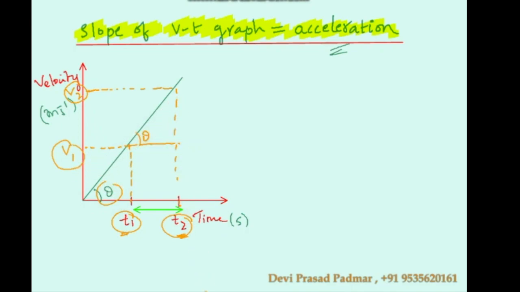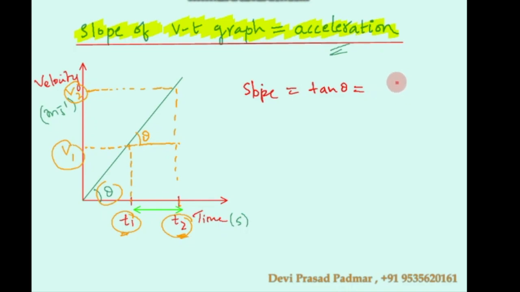Now if you want to get the slope, please remember, slope is equal to tan theta. Always, slope is nothing but tan theta. Tan theta means opposite side divided by adjacent side, correct?